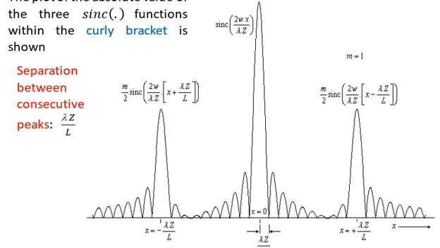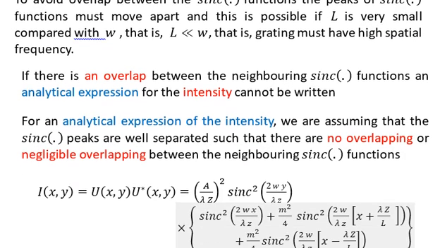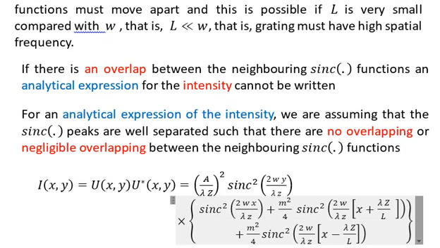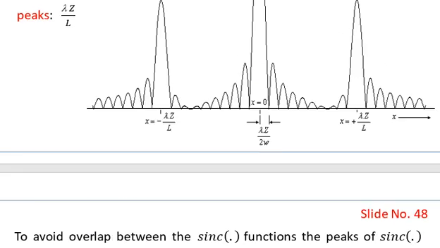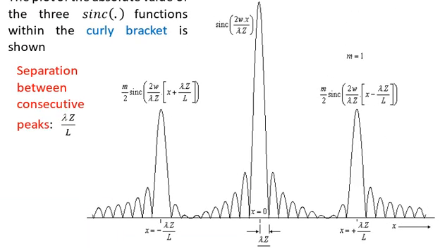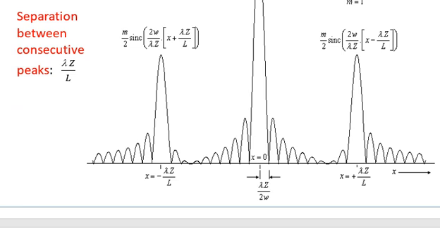And when these are well separated from each other, we would be able to write the intensity expression. Otherwise, the intensity expression cannot be written. If there is an overlap between the neighboring sinc functions, an analytical expression for the intensity cannot be written, because in order to write the intensity expression, we have to multiply these three sinc function peaks with the complex conjugate of these peaks, and then an analytical expression would be difficult.